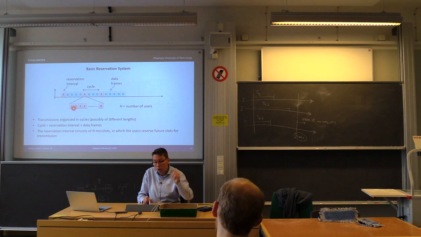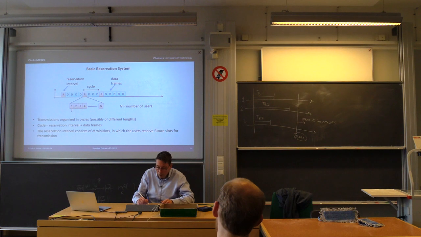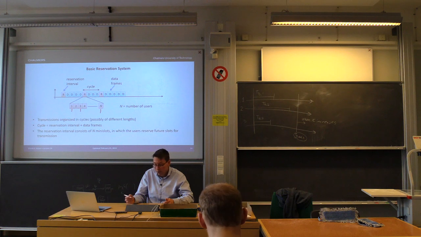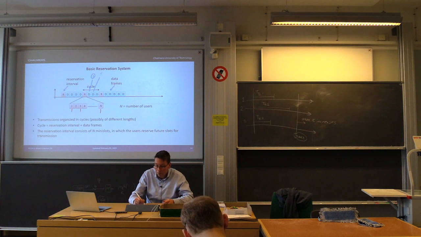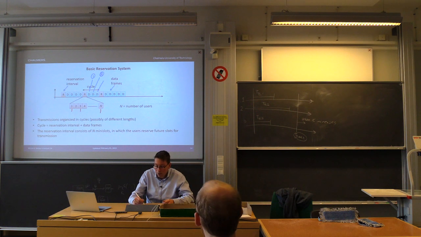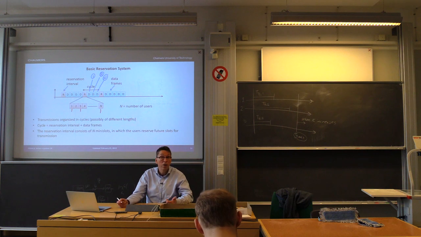And then everybody knows that the first data frame that follows is the data frame from number 1. So if number 1 and number 3 and say number N said, okay, we would like to transmit, then the first data frame comes from user number 1, the second one comes from number 3, and the fourth one happens to come from capital N in this case, right?